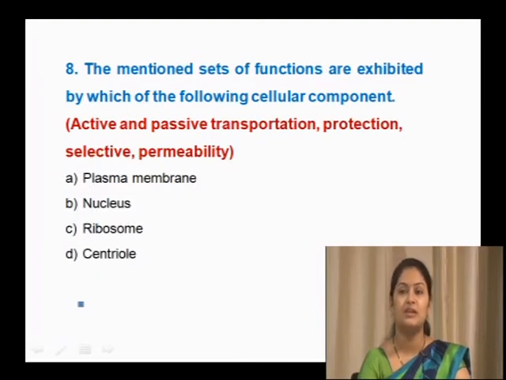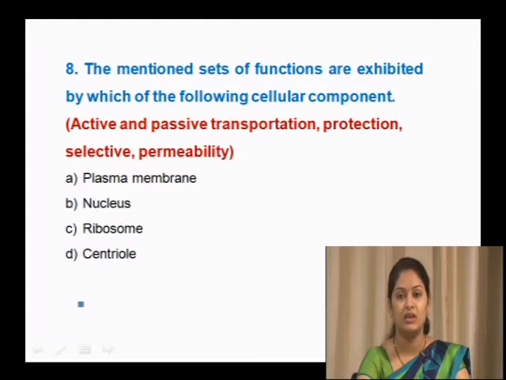The mentioned set of functions are exhibited by which of the following cellular components? The functions are listed in the bracket: active and passive transportation, protection, and selective permeability. So these are the functions associated with transportation, providing protection, and being selectively permeable, which is the property of the plasma membrane.